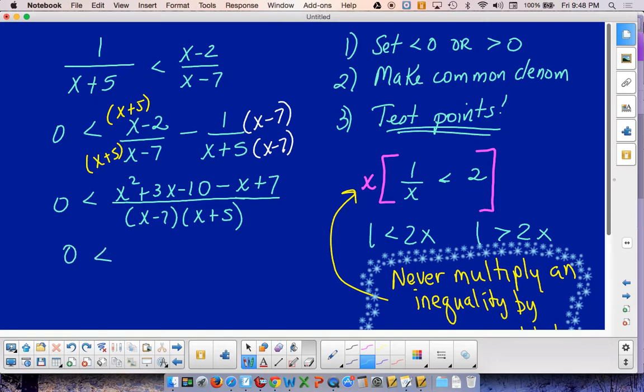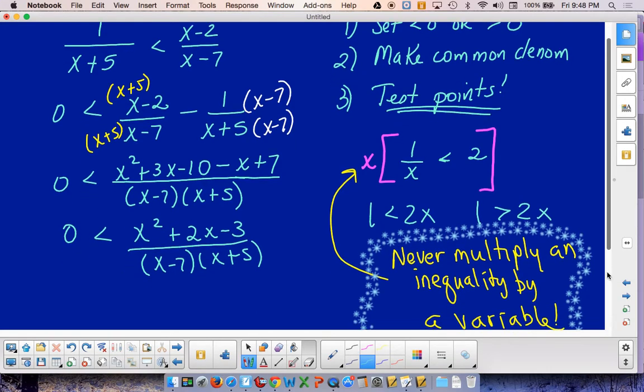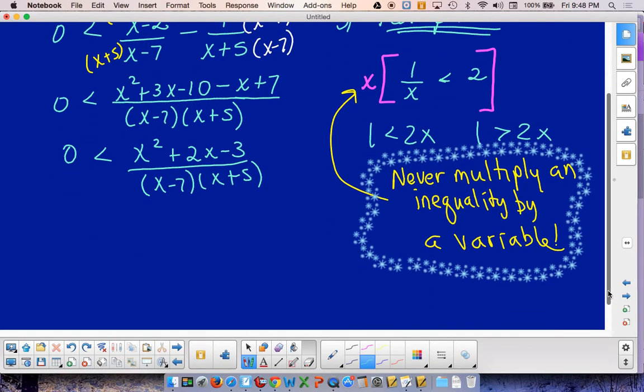Now, add it all together. We actually have x squared plus 2x minus 3. That's not so bad. Over x minus 7 and x plus 5. Now you know this expression, and since I have the inequality written backward, if that's bugging anybody, is this expression supposed to be greater than 0 or less than 0?